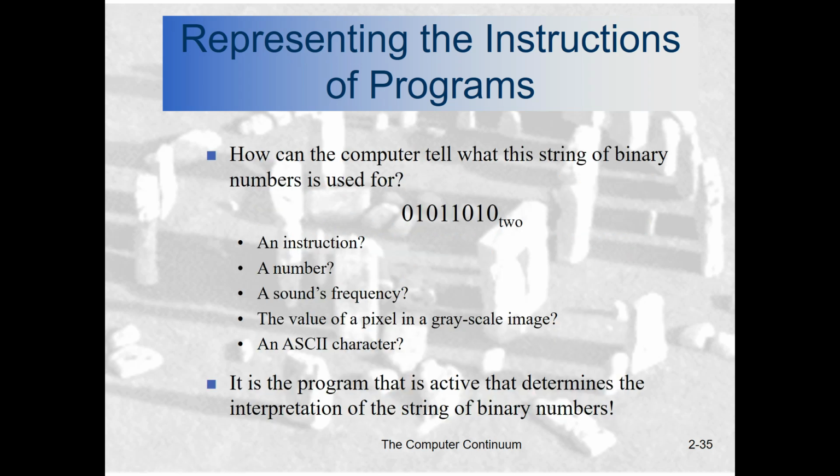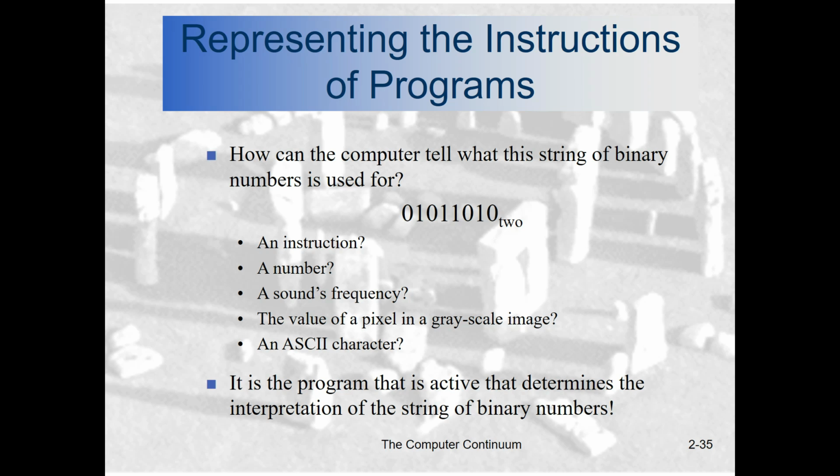All right. How can the computer tell what this string of binary numbers is used for? An instruction, a number, a sound frequency, the value of a pixel in a grayscale image, or an ASCII character. How can the computer tell what this string of binary even means? It is just 0, 1, 0, 1, 0, 1, 0.